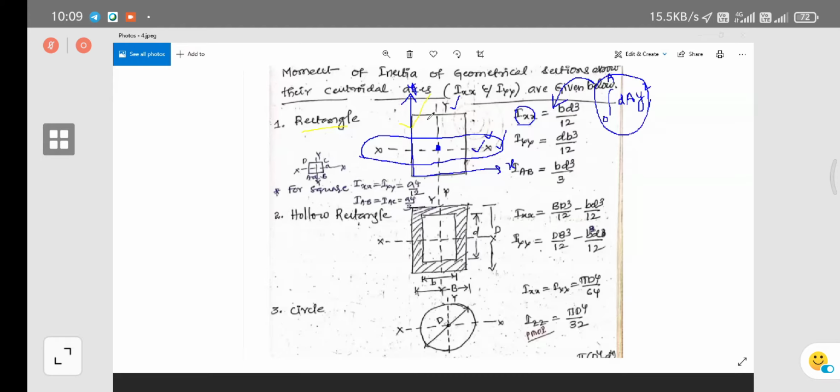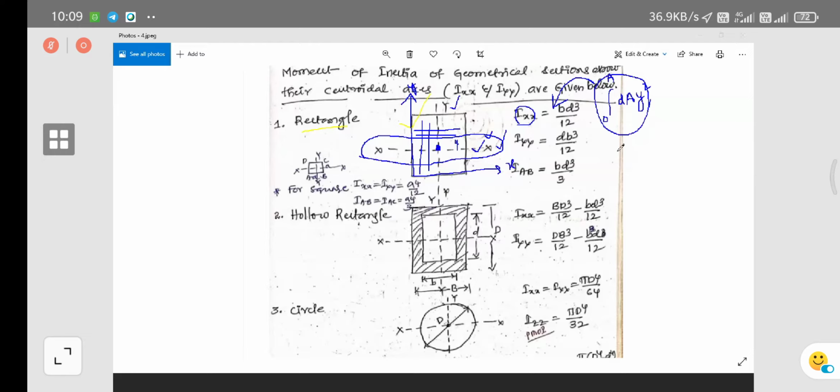Now we are going to assume elementary strips perpendicularly. Previously we took them horizontally, making y distance from the central axis. Now the strip will make x distance from your vertical axis.